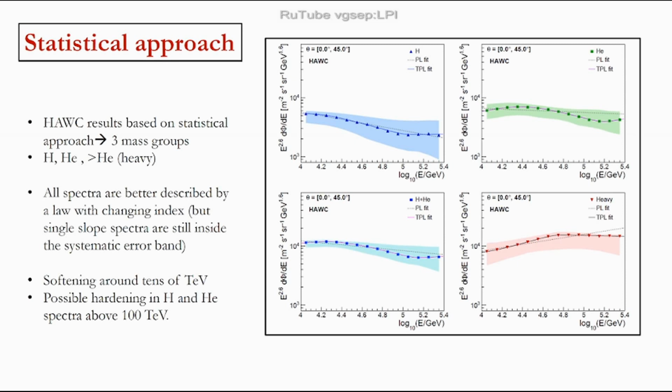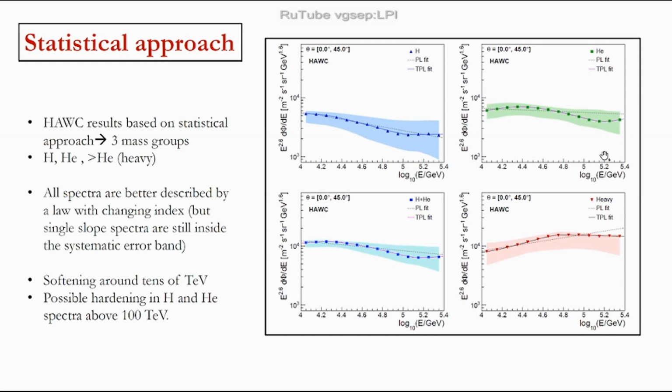So we can say that with the actual HAWC measurements, spectra not described by a single slope power law are favored, but the single slope power laws are not excluded within the systematic errors. If we trust these measurements, we have a softening of the spectrum around tens of TeV, and a hardening of the helium and the hydrogen spectra around 100 TeV.